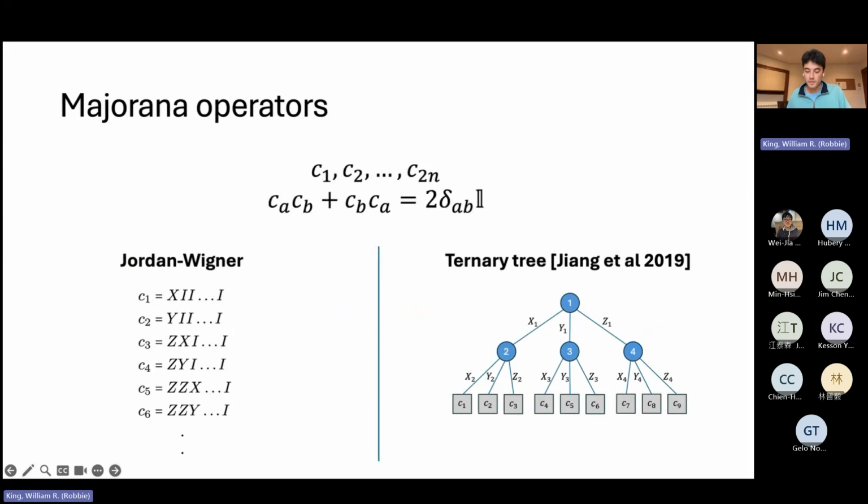Given a fermionic system on n modes, you can write down 2n operators, and the relevant set of observables are the ones that are low degree in these 2n so-called Majorana operators, and they all mutually anti-commute. That's the key property.